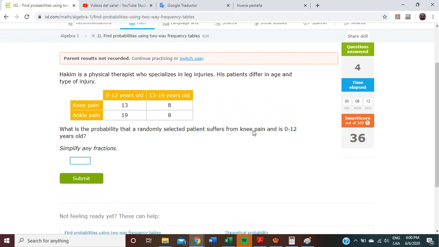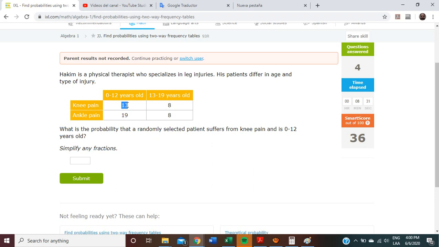All right, let me see. We have knee pain, ankle pain, 0 to 12 years old, 13 to 19 years old. So we're looking for people with knee pain and is from 0 to 12. Knee pain and 0 to 12.